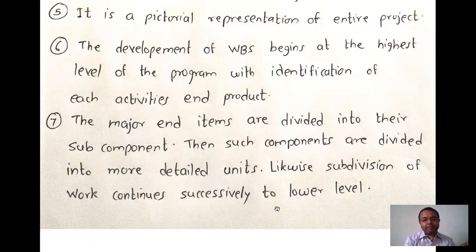For example, in a sugar industry, 5 to 7 end products are there. We have to consider all those products separately. First we consider sugar cane, then the industry is divided into other components, such as formation of alcohol, formation of ethanol, or formation of bagasse.